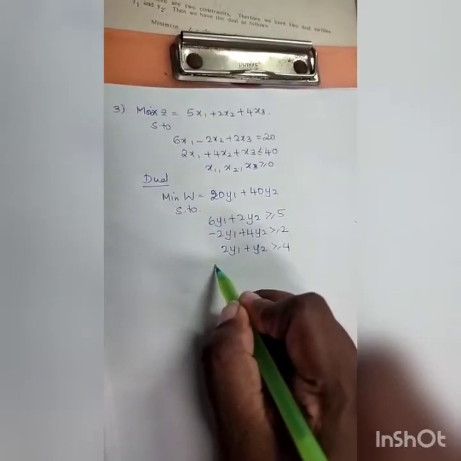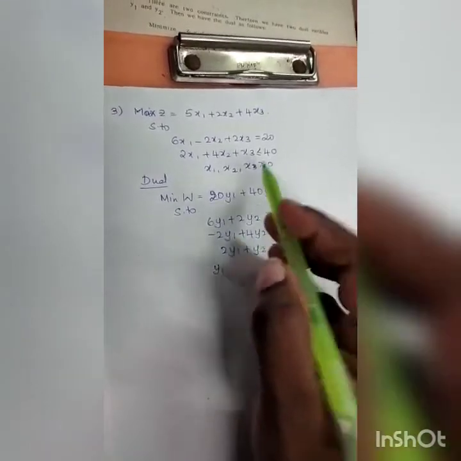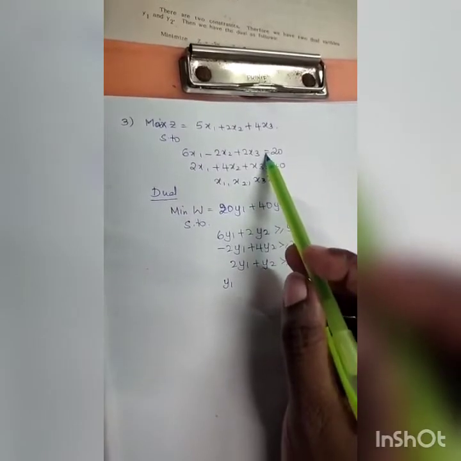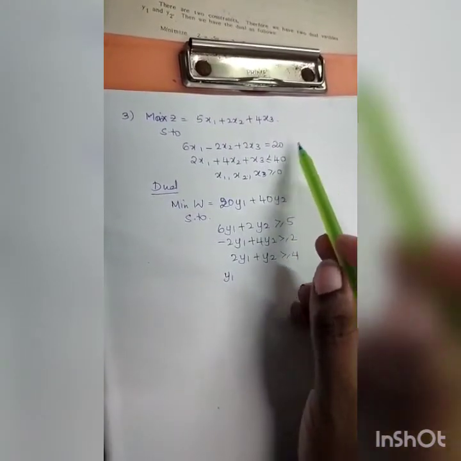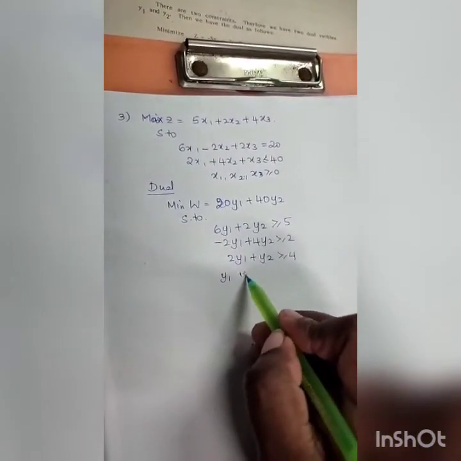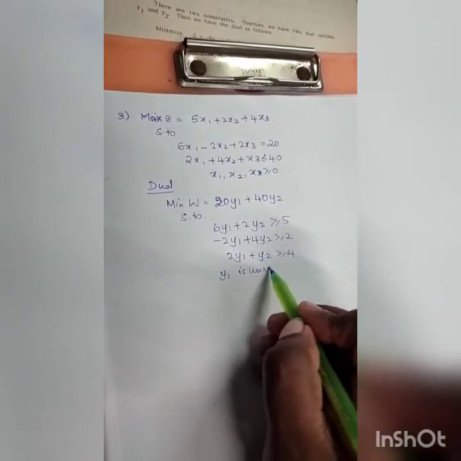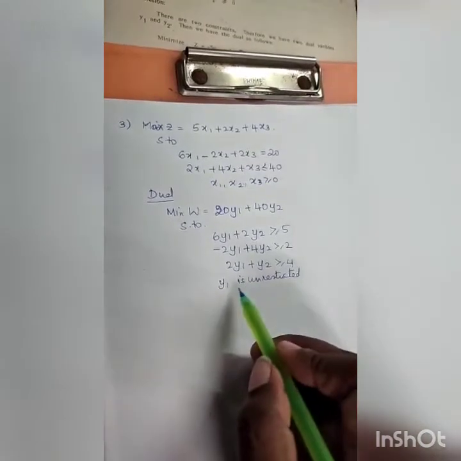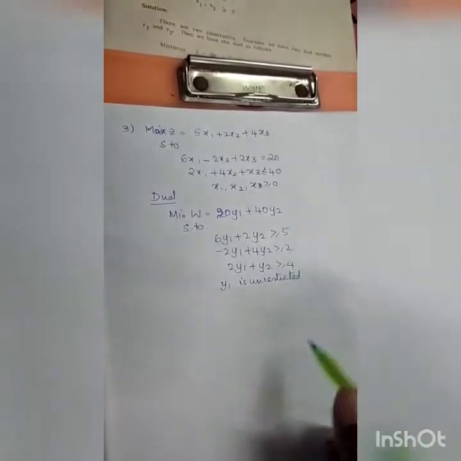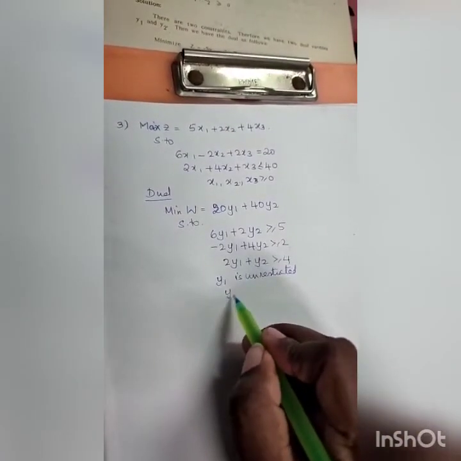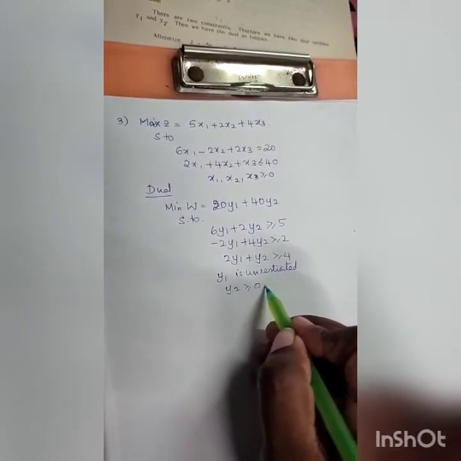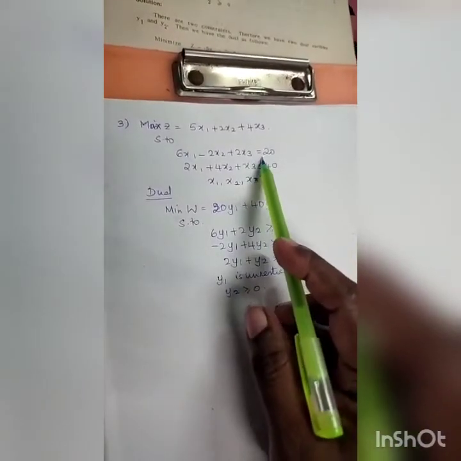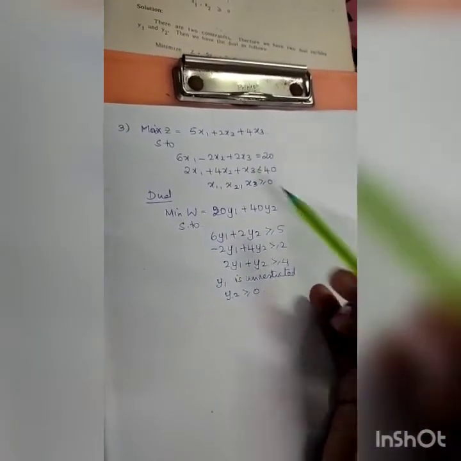The difference between the previous ones and this is that here you have an equality. For the first equation, y1 is called unrestricted, because the y1 equation was an equality. And y2 is greater than or equal to 0. So this is how you convert an equal to constraint. So here you have a dual.